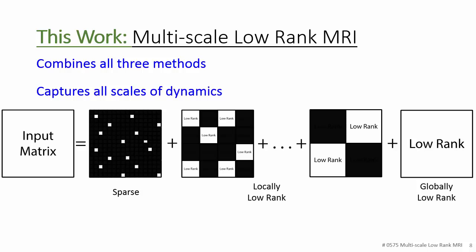So instead of doing low rank plus sparse, you do low rank plus a smaller low rank and a smaller low rank and all the way to sparse. Intuitively, that allows us to capture, for example, the static tissue in the globally low rank component. The smaller low rank part allows us to capture the liver dynamics and the kidney dynamics. If you go all the way to the sparse level, that allows us to capture the blood vessel dynamics.